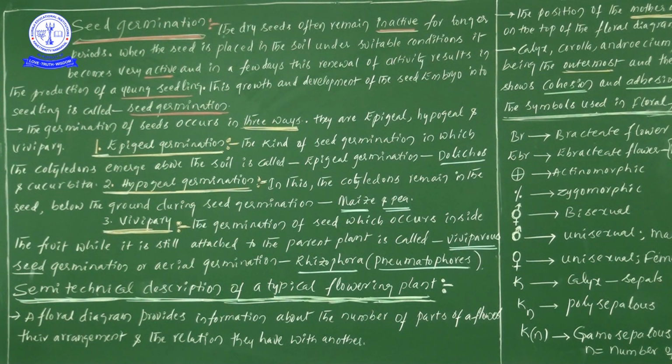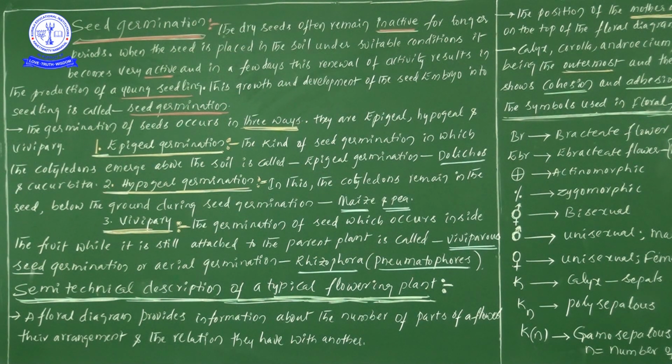If you take a dicotyledon, there are two cotyledons, and in a monocotyledon, as we saw in the previous class, there is one cotyledon. The cotyledons emerge above the level of the soil, which is called epigeal germination. Simply, they come above the level of the soil.